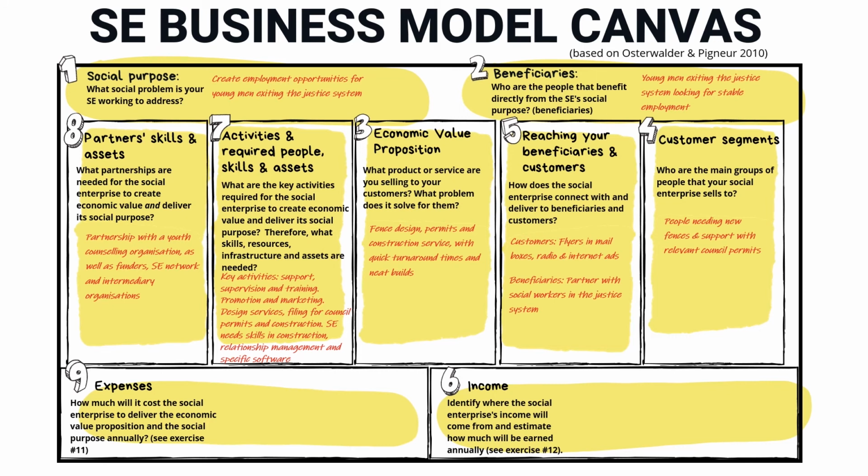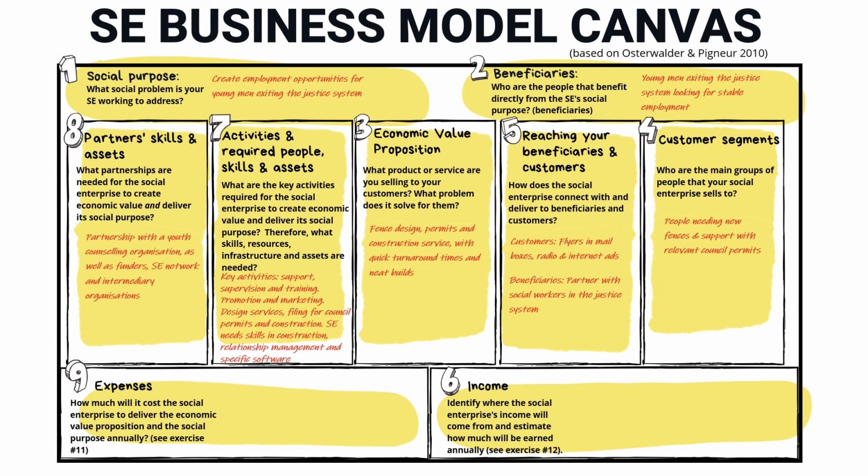We also need skills and capabilities to support and supervise the beneficiary employees, and someone who can manage relationships with social workers and the youth justice system. And we also need our partners, counsellors, funders, and providers of social finance, the social enterprise network, and intermediary organisations, etc.